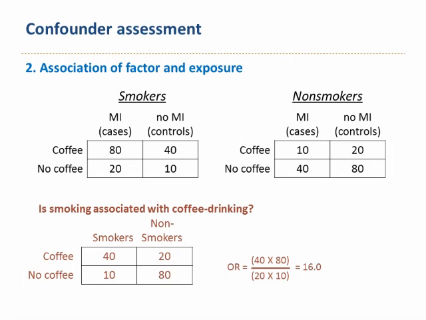To do this, we look among the controls, those who did not have an MI, and we ask, in a 2x2 table, we look for smokers who were coffee drinkers and non-smokers who were coffee drinkers, and then look how many smokers were non-coffee drinkers and how many non-smokers were non-coffee drinkers. This results in an odds ratio of 16. So we see that we have a very strong association between smoking status and whether or not a person was a coffee drinker.